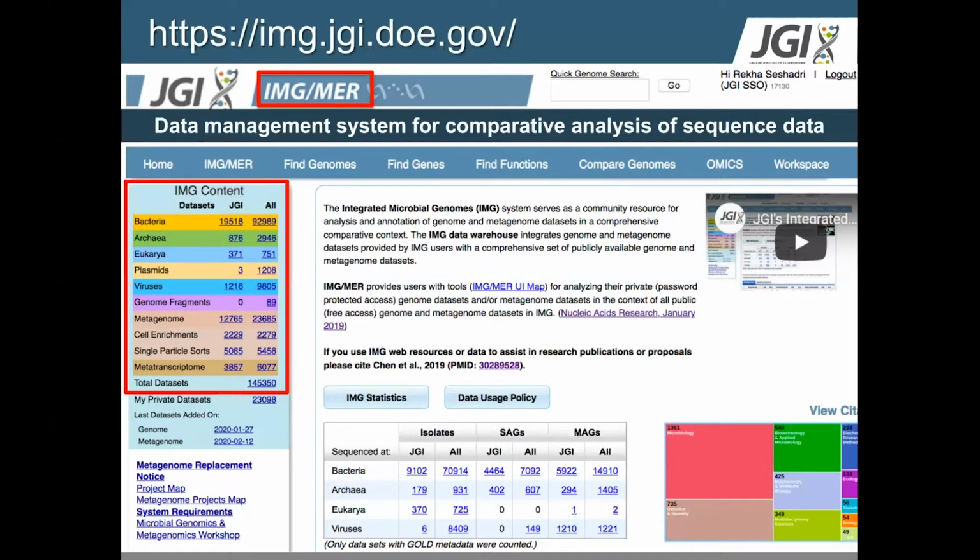It's not everything that's in GenBank, but there's still about 23,000 metagenomic samples. And we also have these other uncultivated entities, if you will, like the single particle sorts, cell enrichments, and metatranscriptomes. So there's a lot of data that you can look for, explore, and there are tools for comparative genomics. We conducted a webinar series relatively recently, and all of those videos are available if you're interested in checking out what the possibilities are.